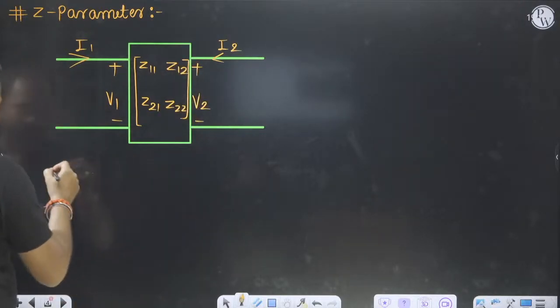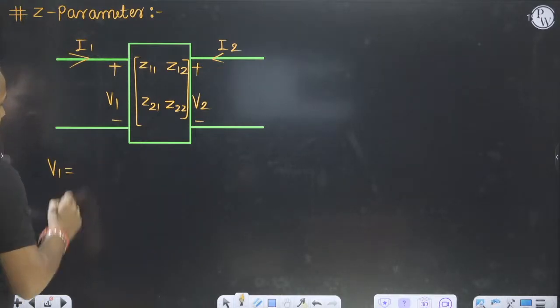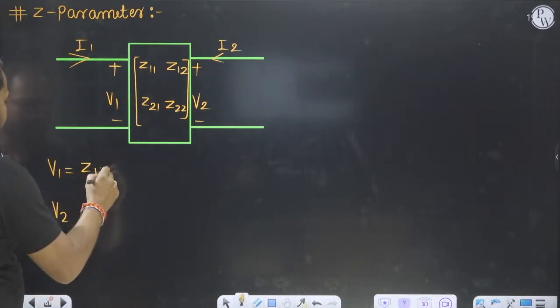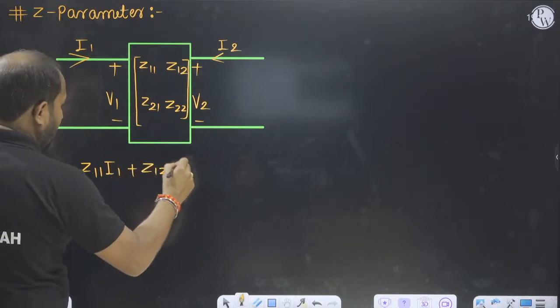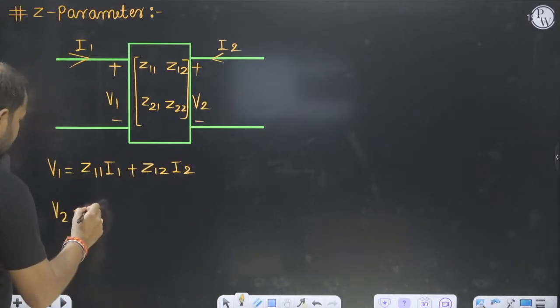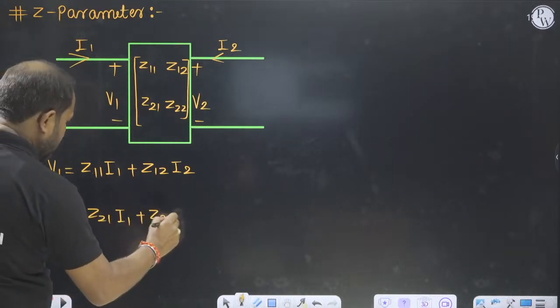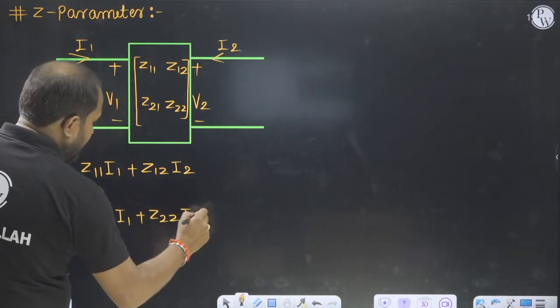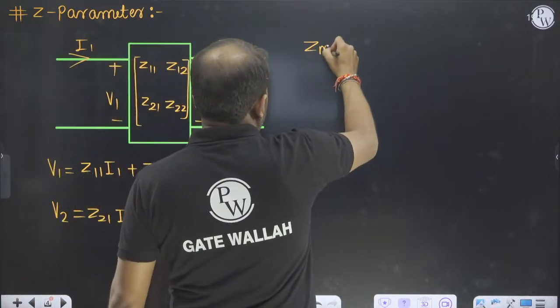So how do we define Z11, Z22? V1 and V2 are dependent voltages, and they are written as V1 = Z11 I1 + Z12 I2, and V2 = Z21 I1 + Z22 I2. So what is ZMN? First of all we will understand what ZMN is.